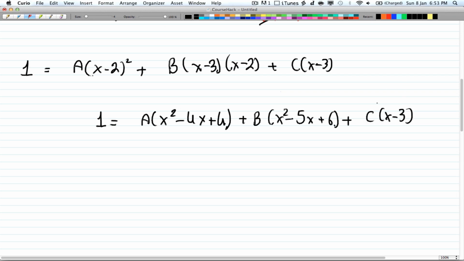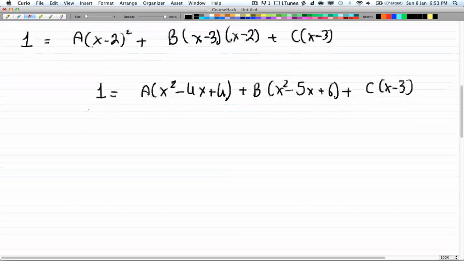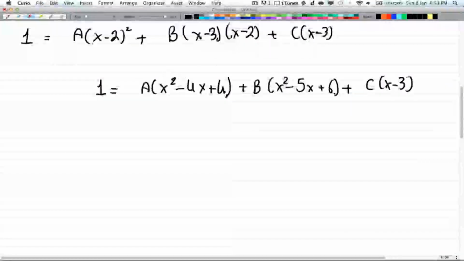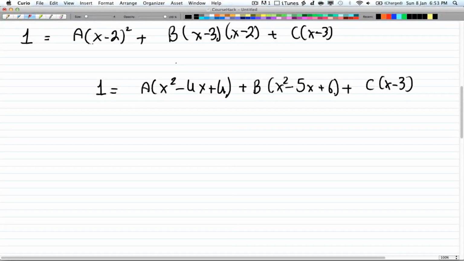Alright, so now we expanded the terms, and we're going to expand the a's, b's, and c's now. And for each coefficient you want to keep track of it. So all the x squareds and all the x's and all the constants, you want to keep track of where they are.